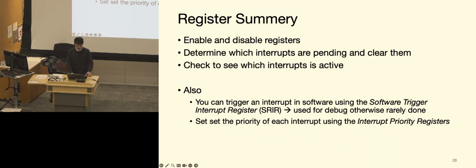We can also trigger the interrupts in software using the software trigger interrupt registers. Those are usually for debug purposes, you have some debug information there. And that part we are not going to focus too much on in our lecture.